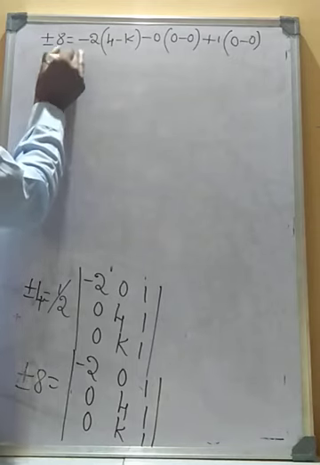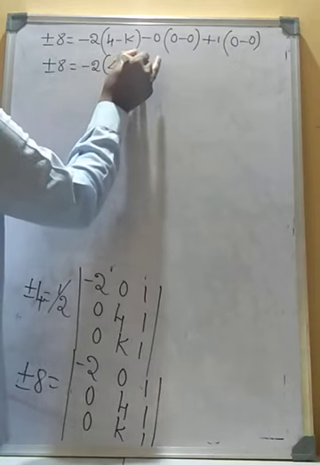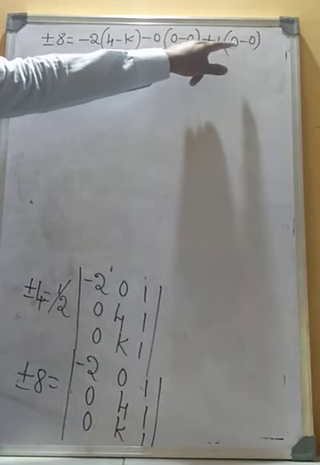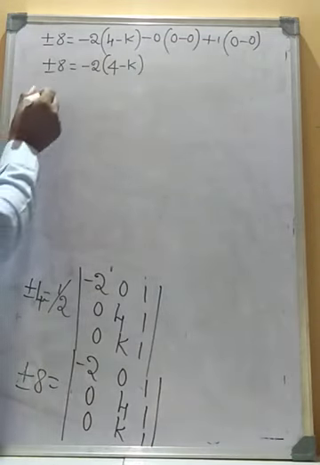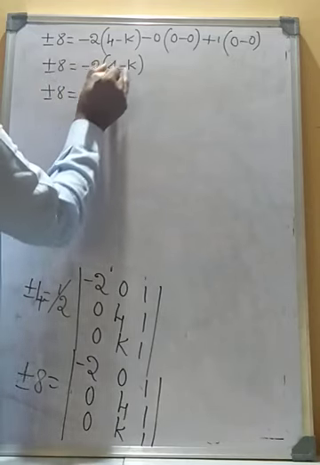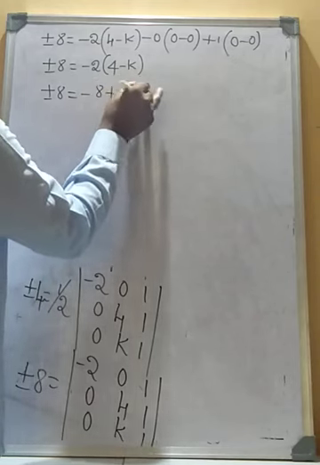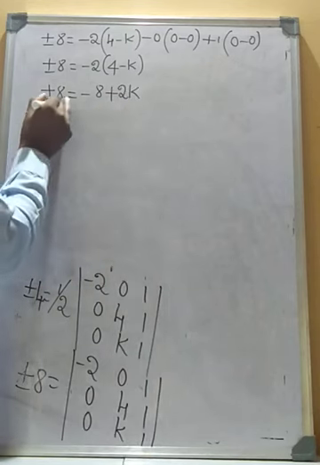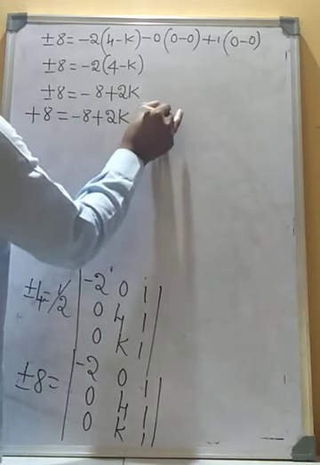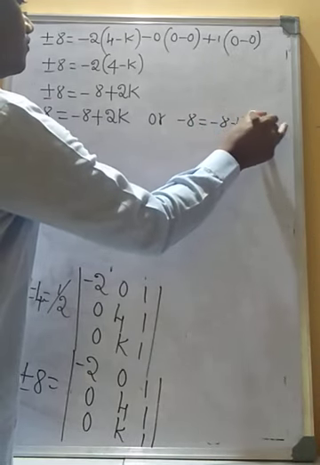Therefore, plus or minus 8 is equal to minus 2 into (4 minus k), minus 0 into anything is 0, plus 1 into 0 is also 0. Plus or minus 8 is equal to minus 2 into 4, which is minus 8, and minus into minus becomes plus, 2 ones are 2 into k, 2k. This can be written as plus 8 is equal to minus 8 plus 2k, or minus 8 is equal to minus 8 plus 2k.